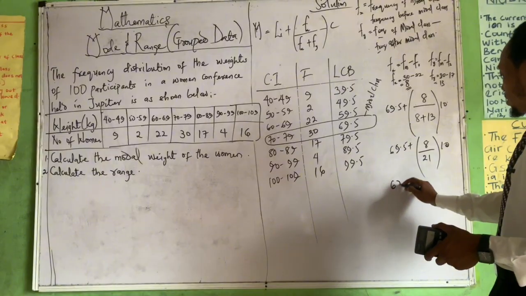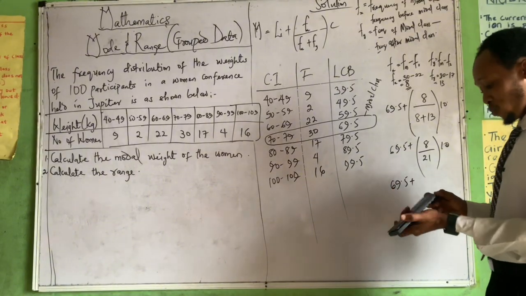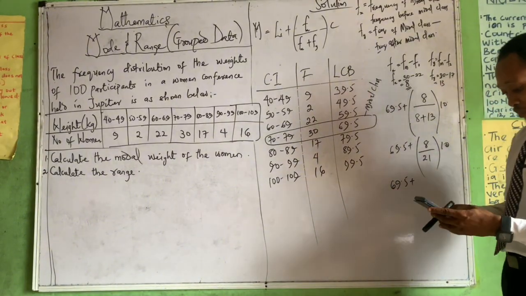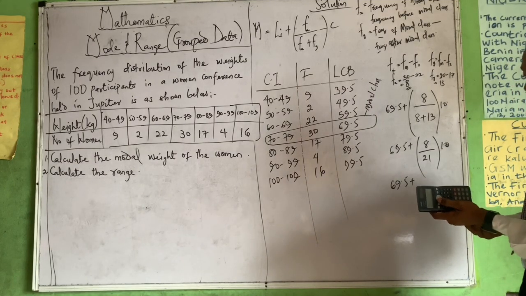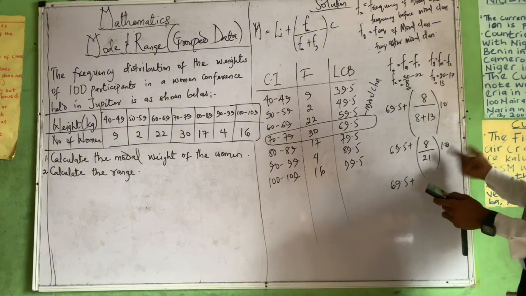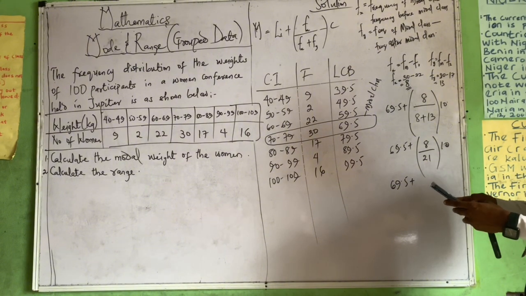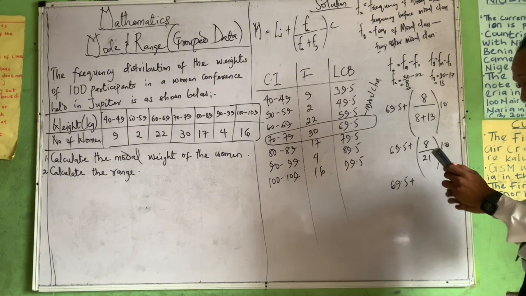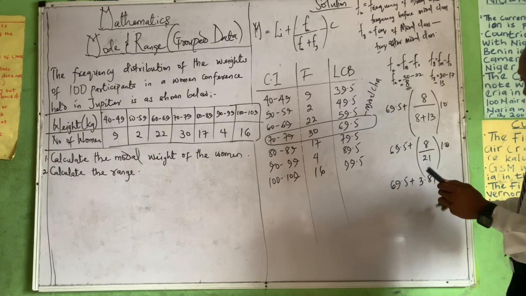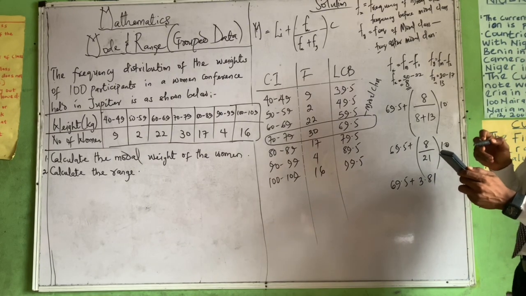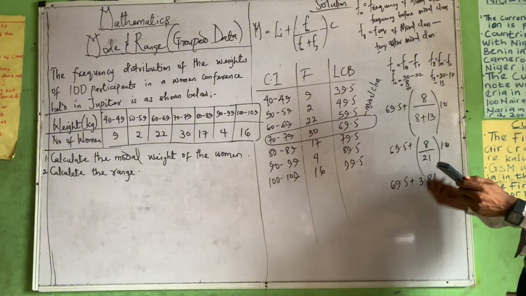So we have 69.5 plus 8 divided by 21, times 10. So that gives 3.81, because it is 3.8095, which we can round to 3.81.